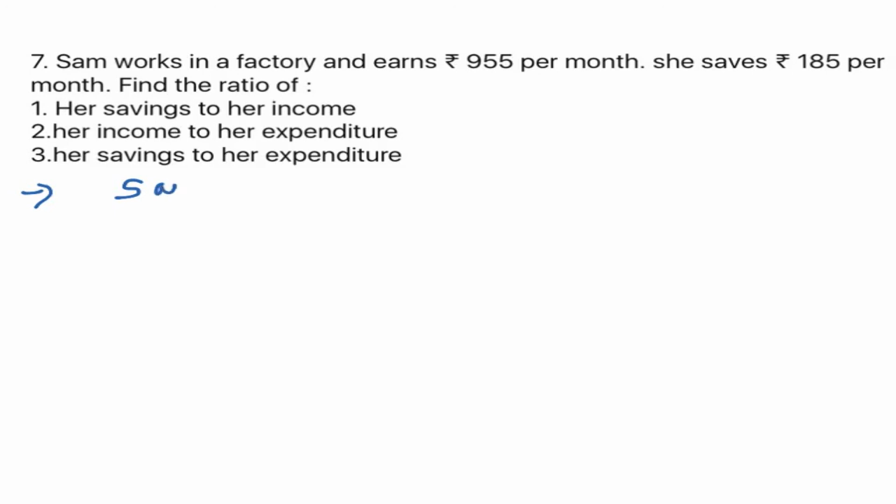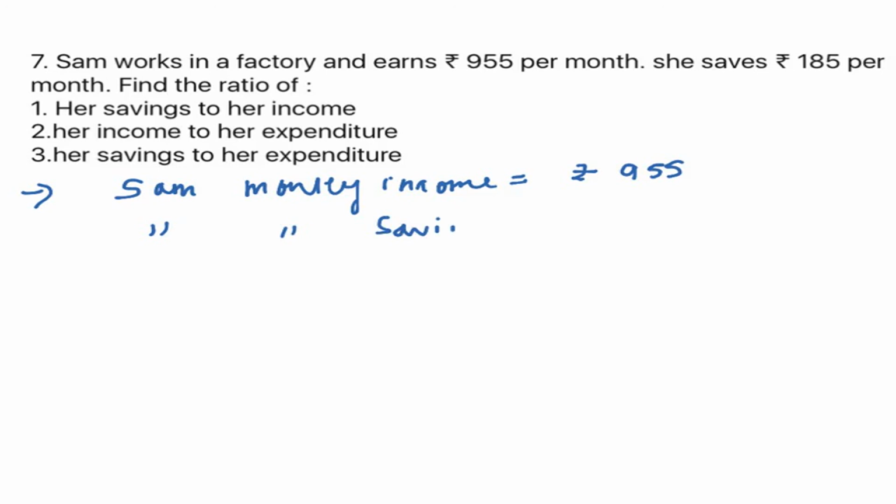Sam's monthly income is how much they have given in the question. Monthly income is rupees 955. Now her savings is how much? Sam's monthly savings they have given as rupees 185. Now how much did she spend?